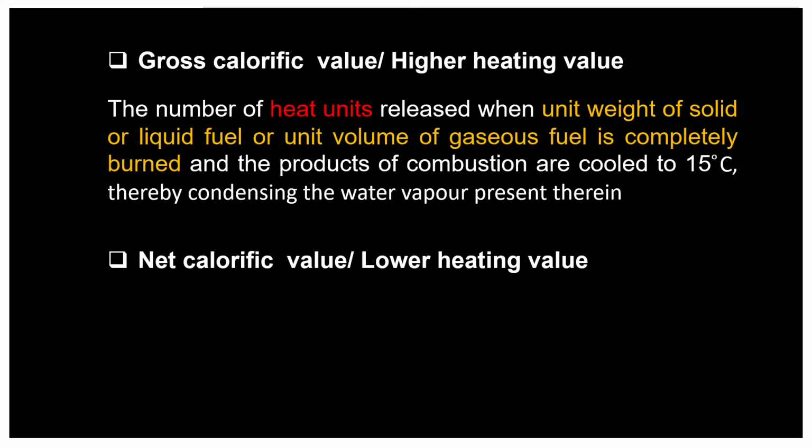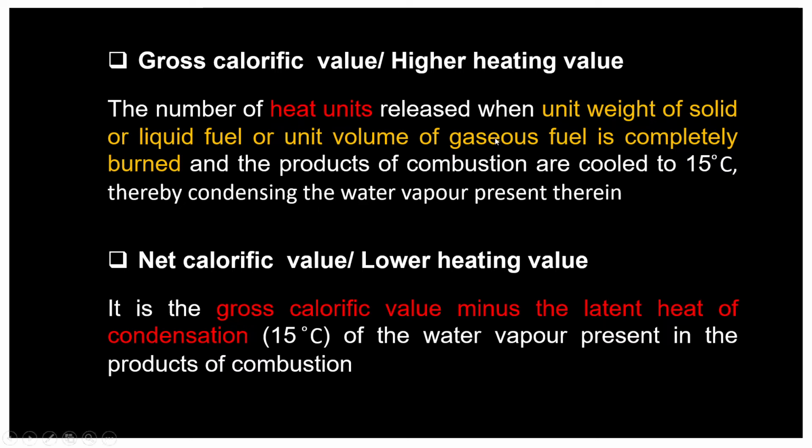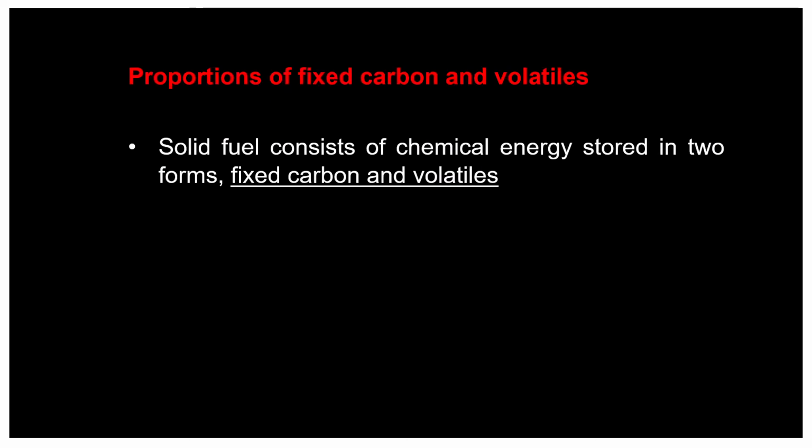So the net calorific value is the gross calorific value minus the latent heat of condensation of the water vapor present in the products of combustion. Theoretically, it is simply the amount of heat energy released when a material is burned without considering the moisture escaping from the material.